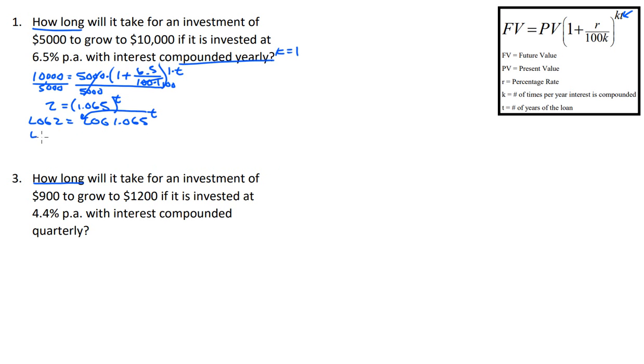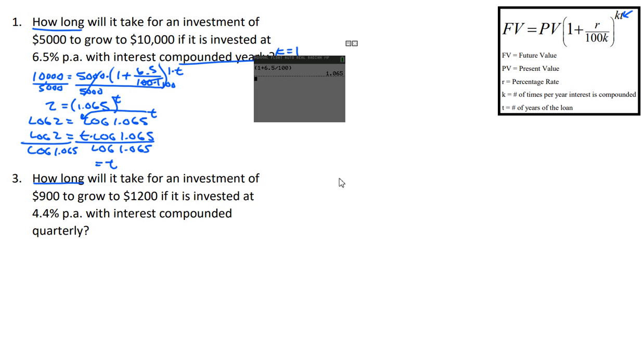So really it's going to be log 2 equals t log 1.065, right? And since we're trying to solve for t, this is t times log 1.065, so we're going to divide both sides by log 1.065, and that's going to tell us how long it's going to take.